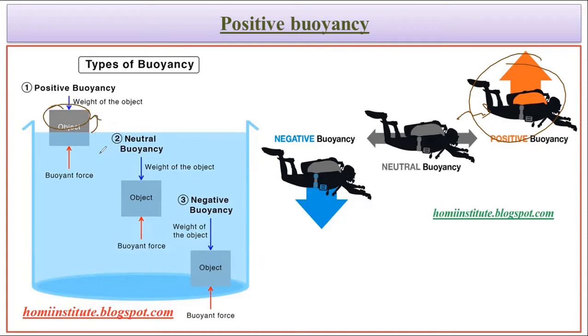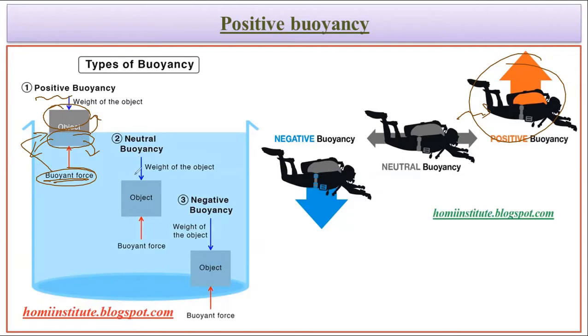To reach that condition, we need positive buoyancy. Only a small portion remains under the water, which is enough to generate a buoyant force equal to the weight of the whole object. So the object can easily float, and there would be no particular problem.